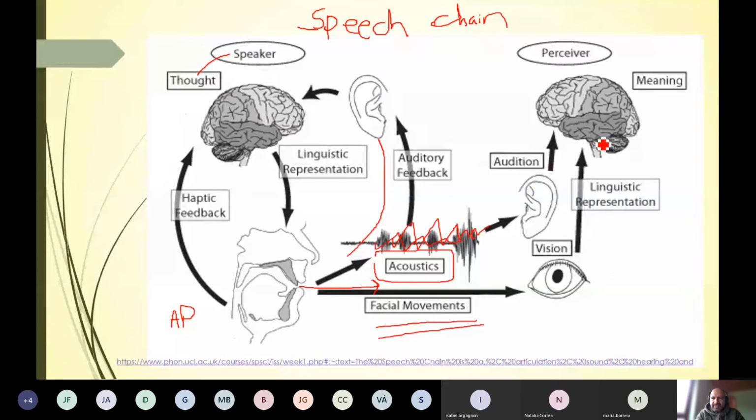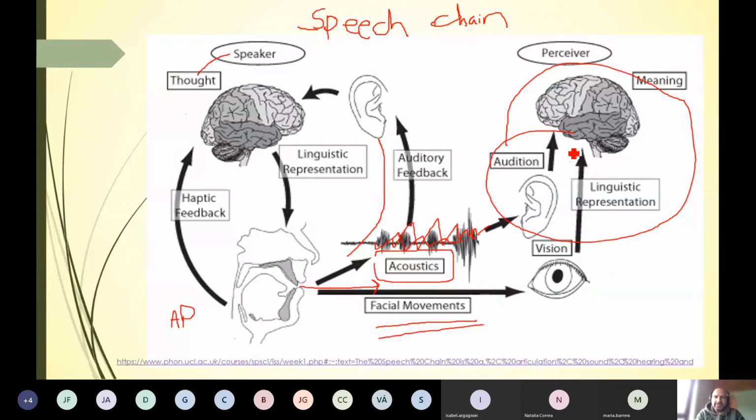And this is what auditory phonetics deals with, because not all brains understand the sounds in the same way. Not everyone perceives the sounds in the same way. That's why auditory phonetics deals with how we perceive sounds with different characteristics, like high pitch sounds, low pitch sounds, sounds with more intensity or less intensity.